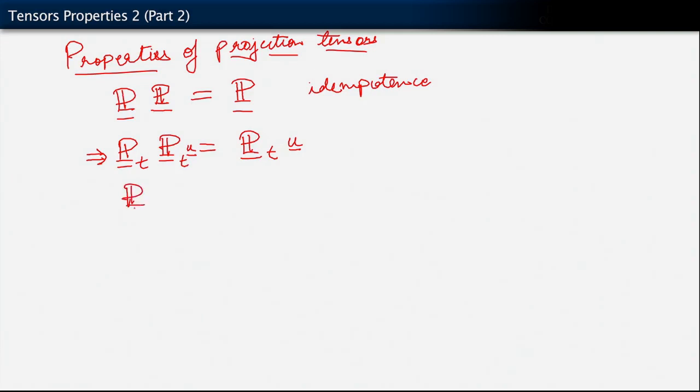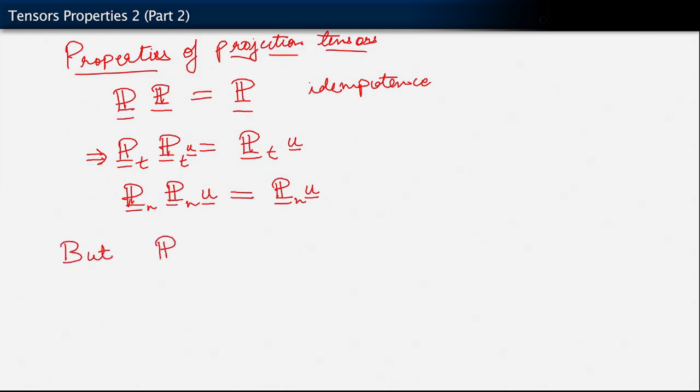So if we take P sub N acting on U, that's the same as P sub N acting on U. But now, what if you try to do something different?